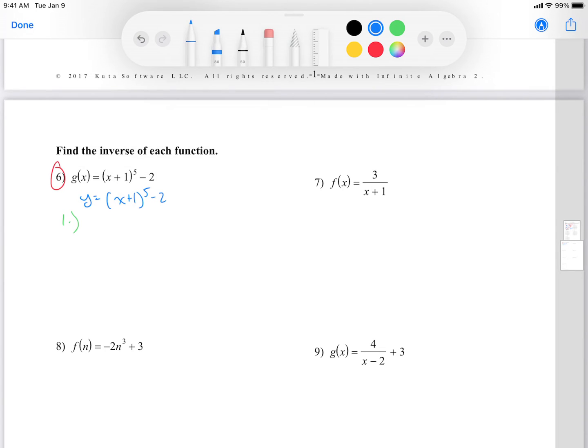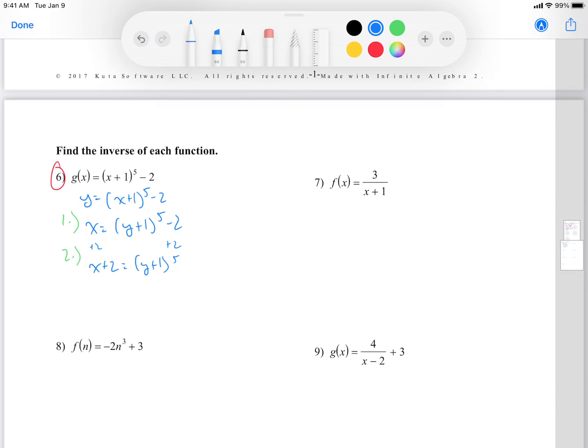So now I go, okay, well that means that x is equal to y plus 1 to the 5th minus 2. Step 2, solve for y, meaning get y by itself. Okay? So in order to do that, I'm going to add 2, and so I get x plus 2 is equal to y plus 1 to the 5th.